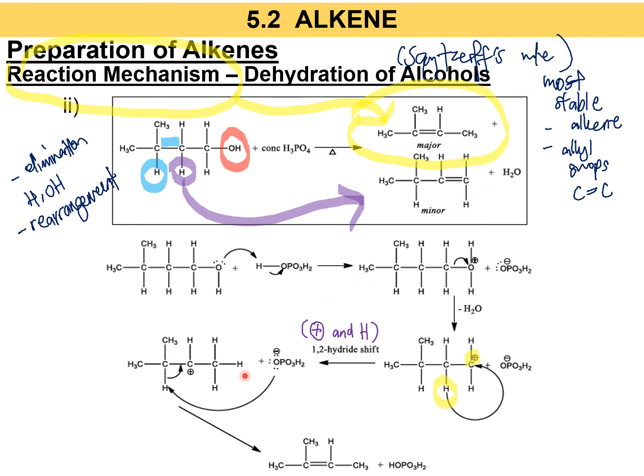Understand? So that's why it has to take this hydrogen. Then the bond of this hydrogen with this carbon goes up to form the double bond. So therefore you will get the major product. So this is how you do the reaction mechanism of dehydration of alcohols involving major and minor products, and involving rearrangement.